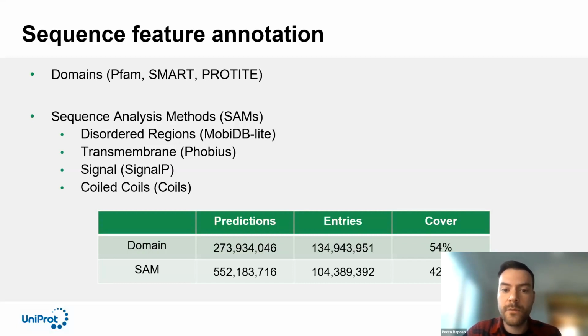Also, we are adding the results of sequence analysis methods, or SAMs, on these proteins, and these predict disordered regions on the protein sequence. They predict transmembrane regions, signal peptides, or coiled-coil regions. So these sequence annotations cover around half of TrEMBL, as we see here.